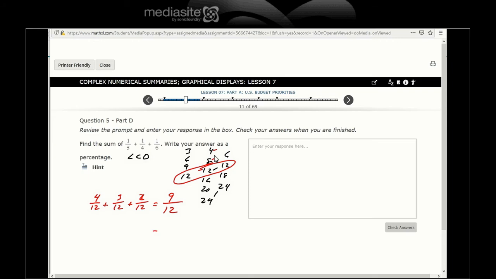And 9/12 is 0.75. Just take 9 divided by 12, multiplied by 100%, and we get 75%.